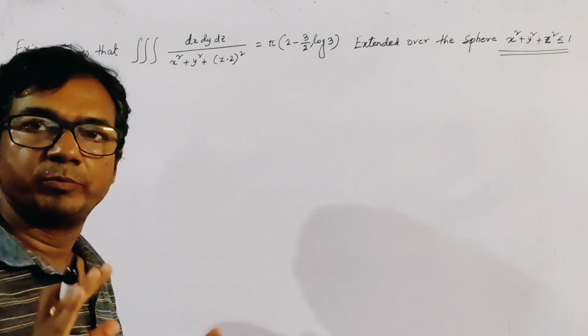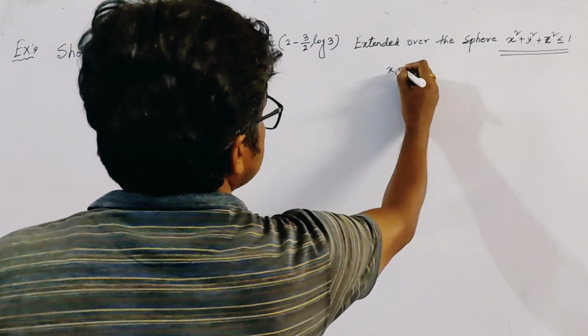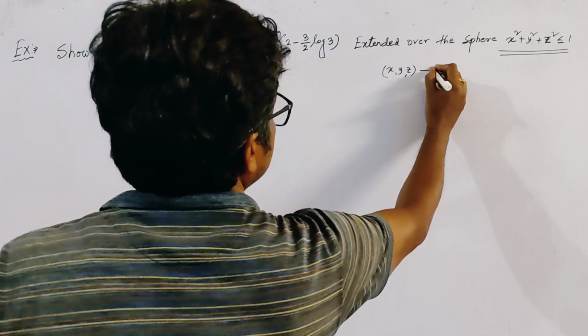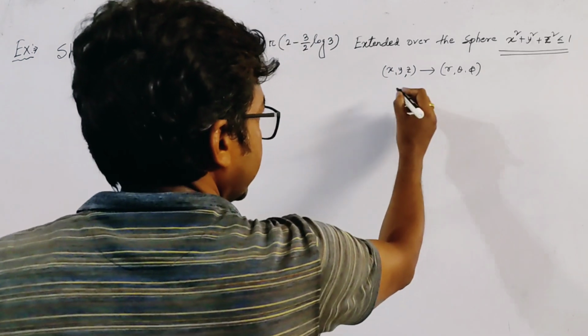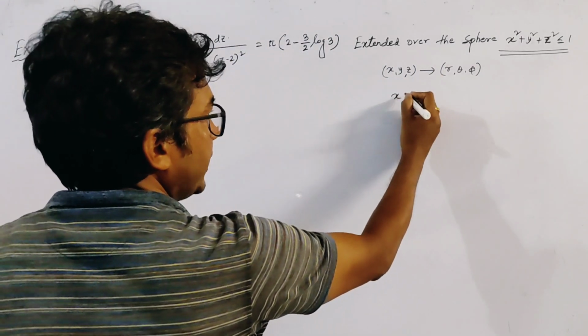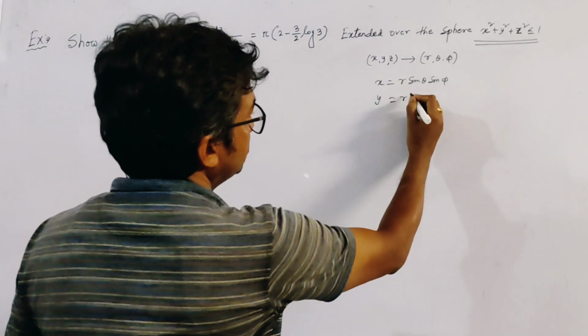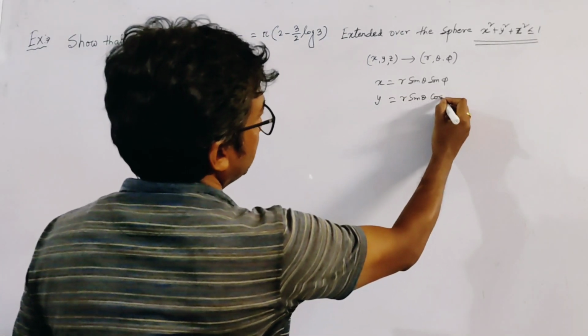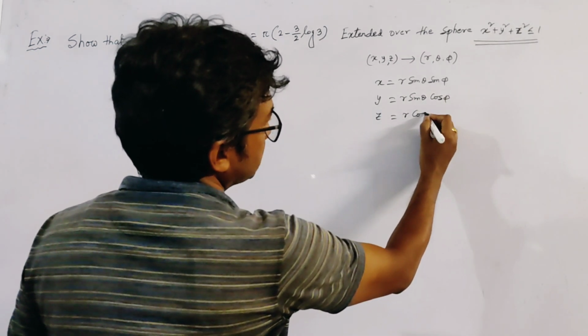Since the region of triple integration is a sphere, we make a spherical coordinate transformation, which takes x, y, z to r, theta, phi. The formulas of transformation are: x is equal to r sin theta sin phi, y is equal to r sin theta cos phi, and z is equal to r cos theta.